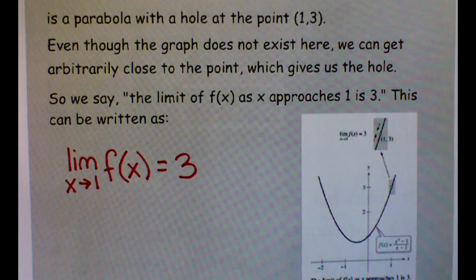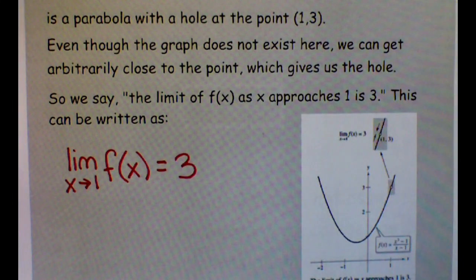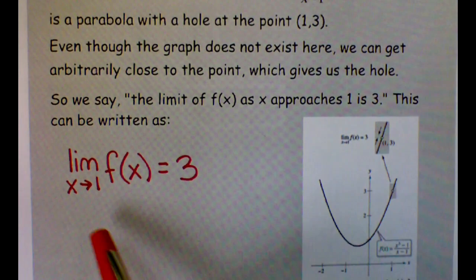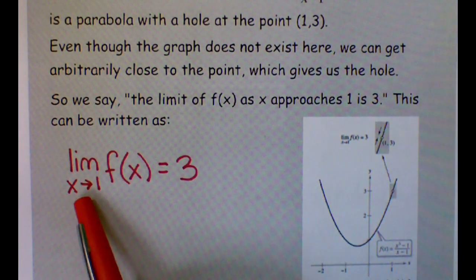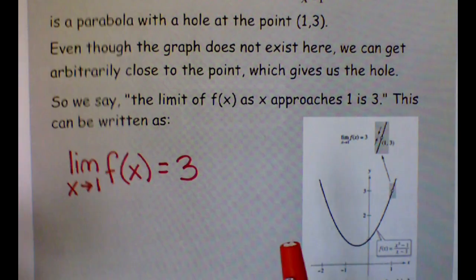Notice that the limit as x approaches 1 is stacked, kind of like a fraction, and then the f of x is big, full size, equals 3, full size also. So this just says that as x gets close to 1 from both sides, the function gets close to 3. It doesn't actually hit it, but it gets close.